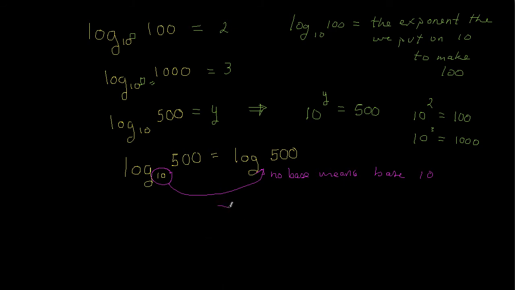Okay, so anyway, we'll just say it's equal to 2.69, roughly. Okay, so the log of 500 is equal to 2.69, which means that our base, which is 10, to the power of 2.69 should be equal to 500.